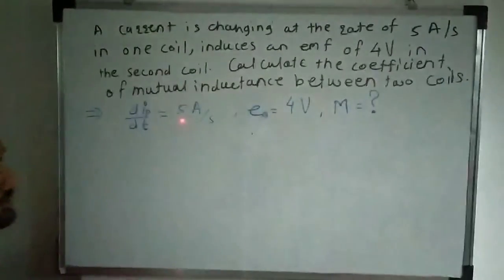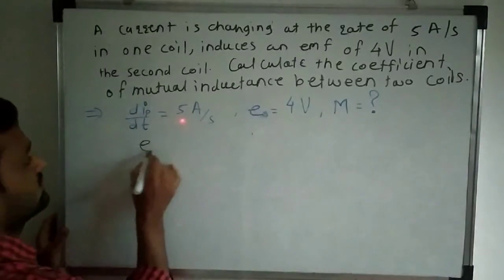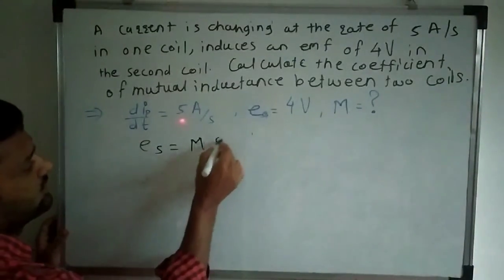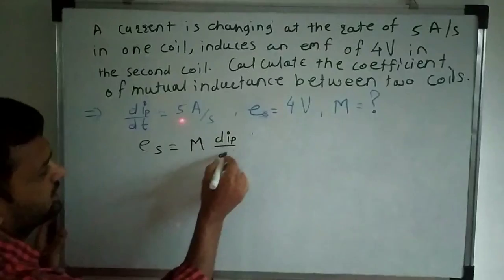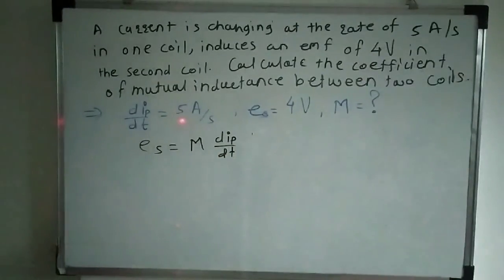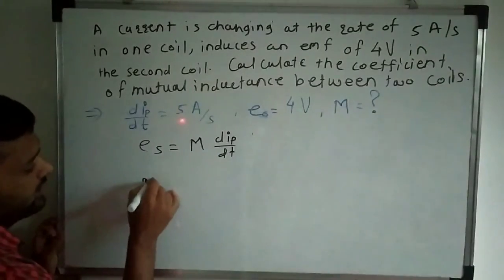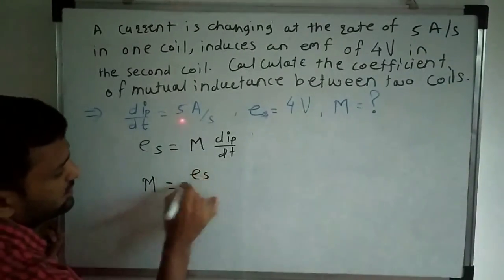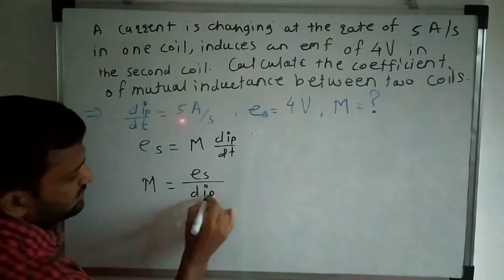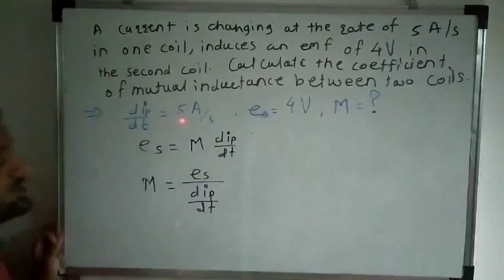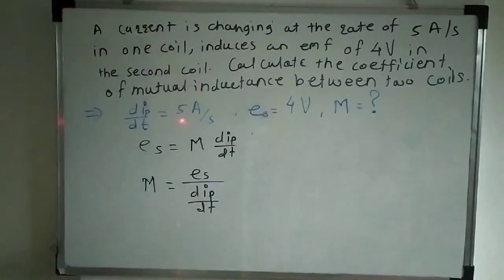So what will be the formula for the mutual inductance? The formula is ES equals M dIP by dt. How can we write the same formula for M? M becomes ES upon dIP by dt.